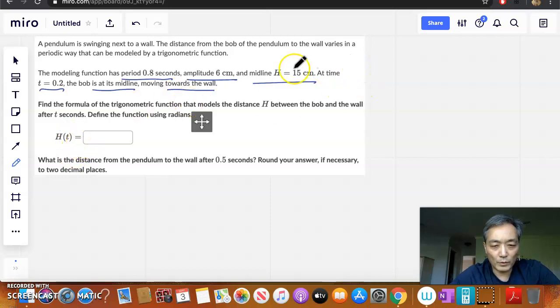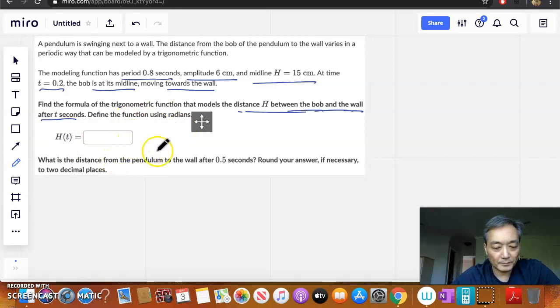A lot of important information right in here. Find the formula of the trigonometric function that models the distance h between the bob and the wall after t seconds, and define the function using radians.